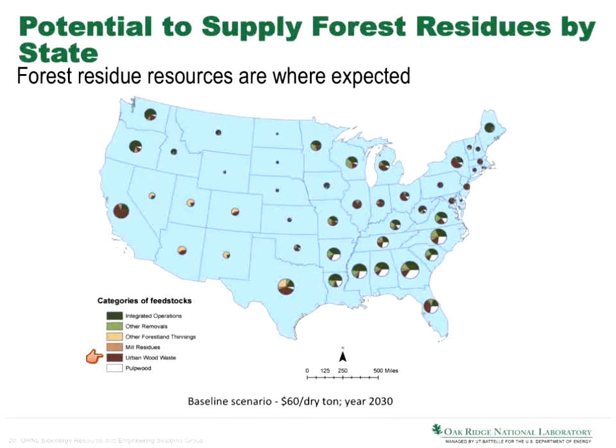A low-hanging fruit might be urban wood waste, which is largely available from large municipal areas. And also, under certain price scenarios and market conditions, there is some potential for pulpwood being available in the southeast for the bioenergy market.